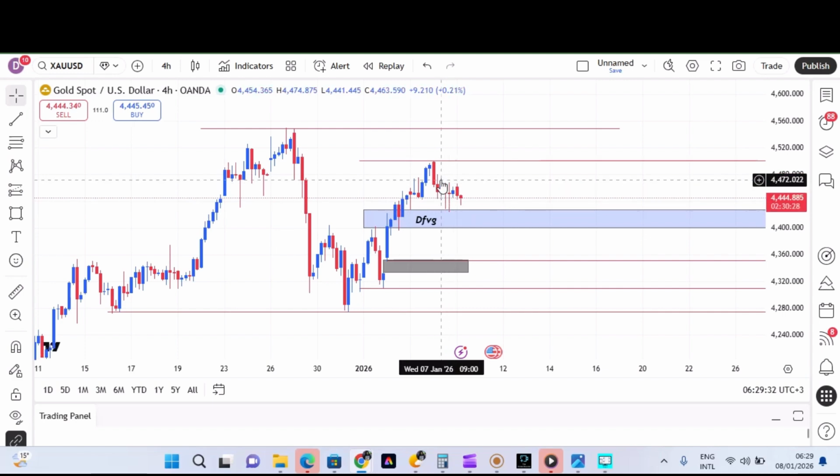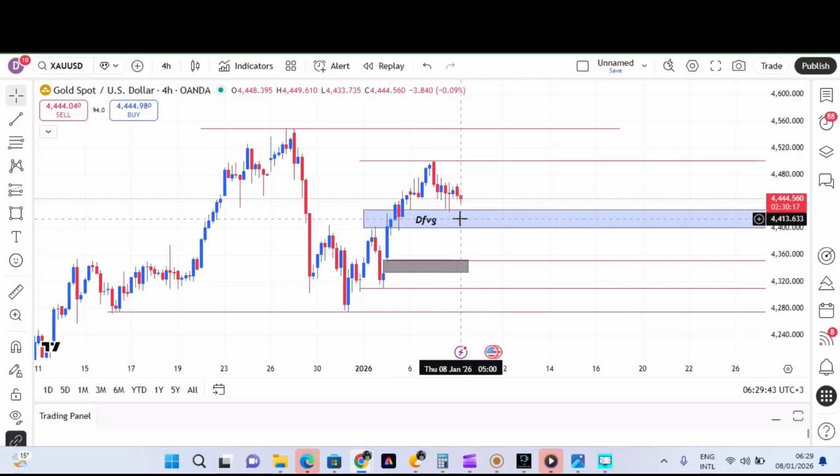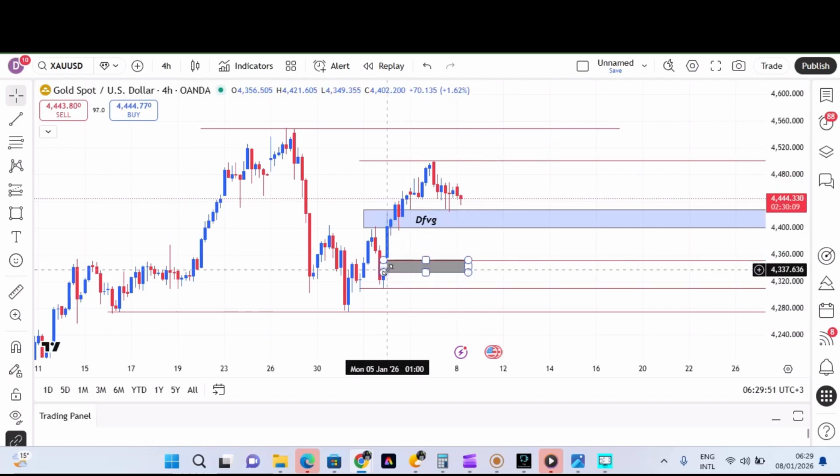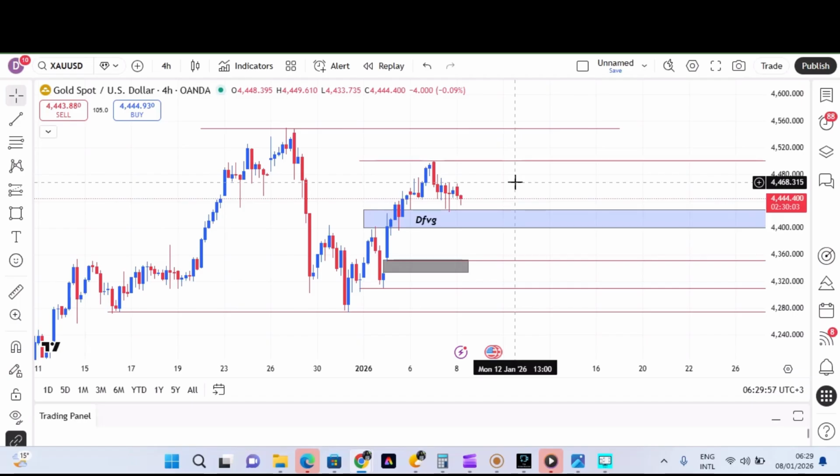Irrespective of these pullbacks or rejections, buyers coming in to push the market back, it is respecting this zone, which is a daily fair value gap. We also have a 4-hour fair value gap following this gap. This is a market open gap. That's why I'm marking it this way. It's a market open gap.